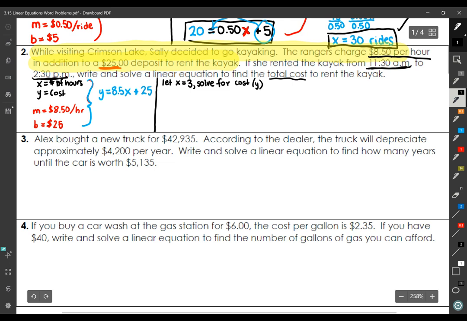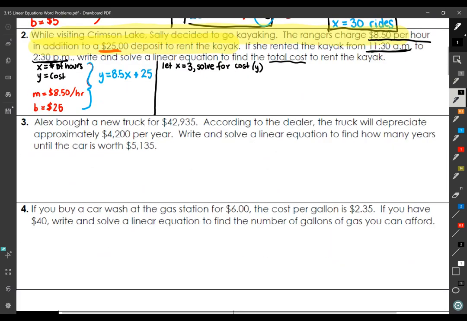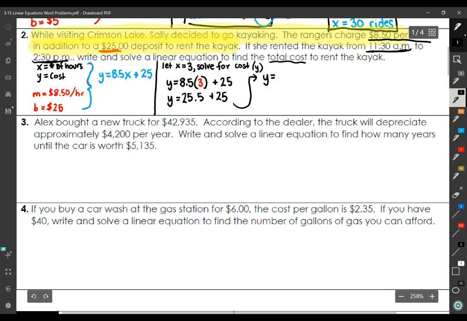Now, luckily, when we're solving for y, we don't have to do any rearranging like we had to do in the first problem. So here we have the equation y is equal to 8.5 times 3, because she kayaked for 3 hours, plus the $25. All right? So that gives us 25.5 plus 25, which will give us a total cost of $50.50.